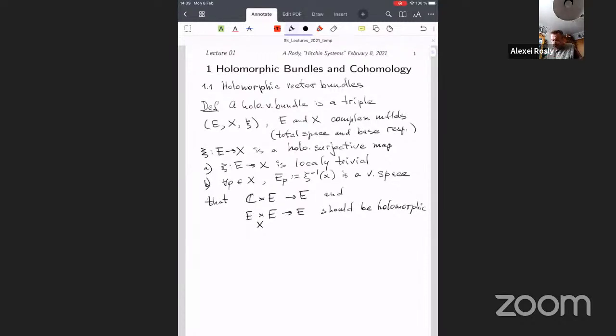Now the notation of the product over the base is by definition the following thing. One cross means product and the other cross means X. It is by definition the set of the following pairs.